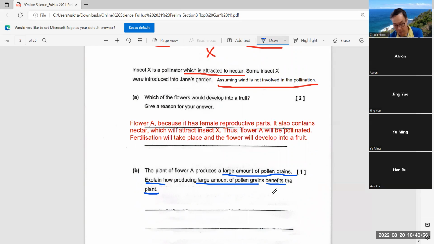Usually some animals lay a huge number of eggs, for example fish and frogs. Similarly, they have the same purpose, which is to ensure reproduction. In this case it is a large amount of pollen, so it increases the chances of reproduction.